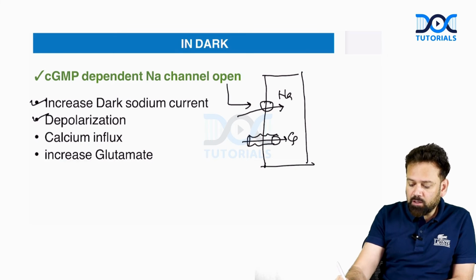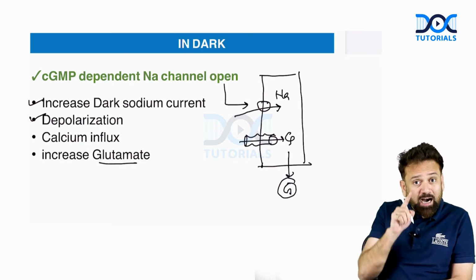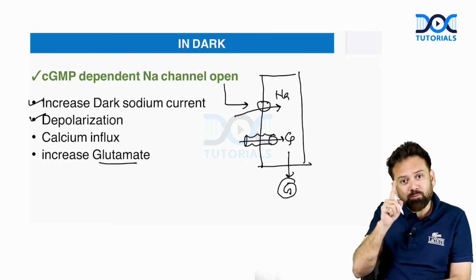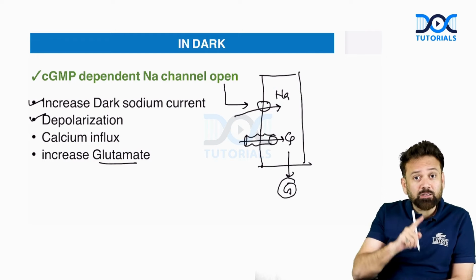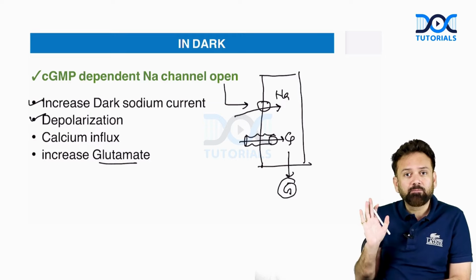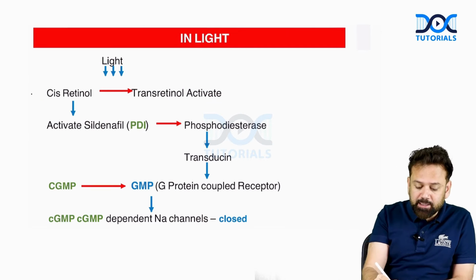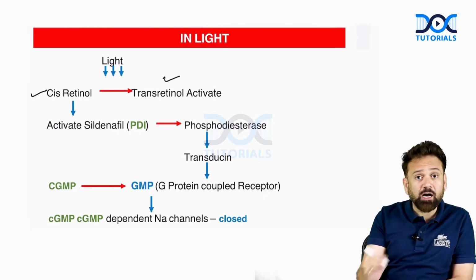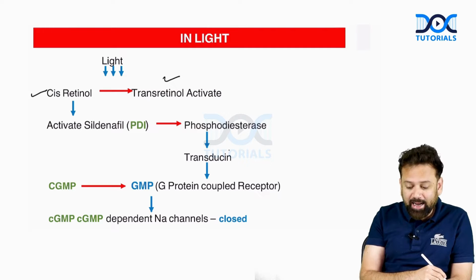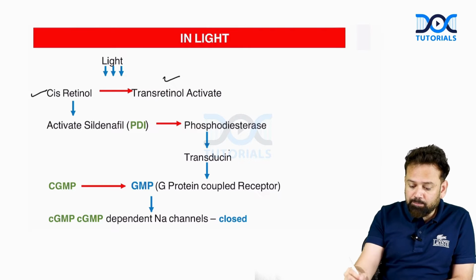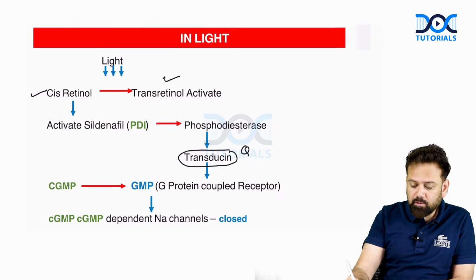Influx of calcium will cause exocytosis of neurotransmitter glutamate. So during dark, glutamate release is more. During dark, there is depolarization. It is paradoxical in the retina because when light falls, cis-retinal will convert into trans-retinal. And trans-retinal will activate a protein called transducin.